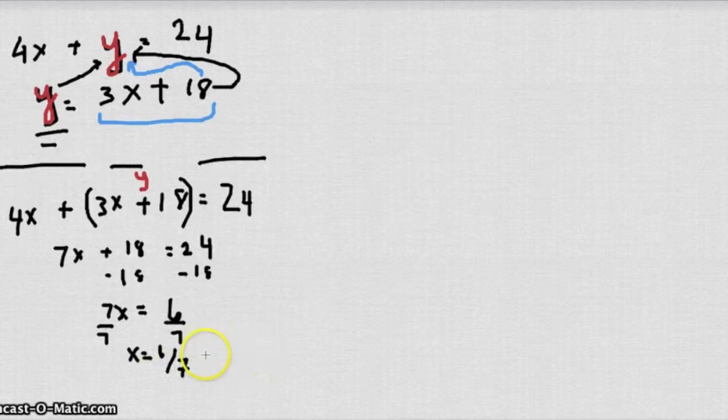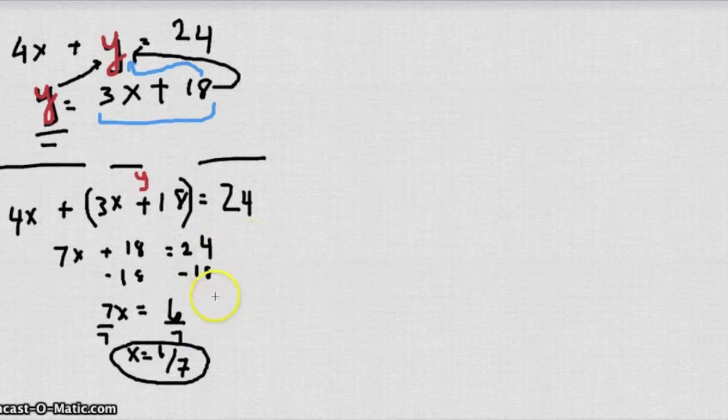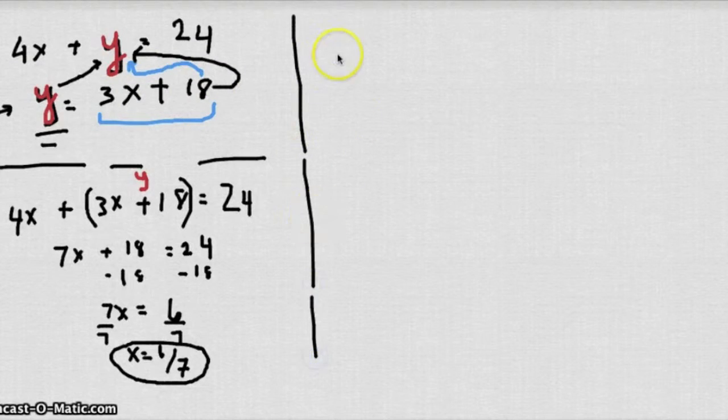Okay, so once we know what x is, we can substitute it back into any of the two original equations, that one or this one, to find what y is. Because remember, our goal is not just to find x, but to find y as well. So since x is equal to 6 over 7, we can take x and put it into the place of an x that we see in the equation.